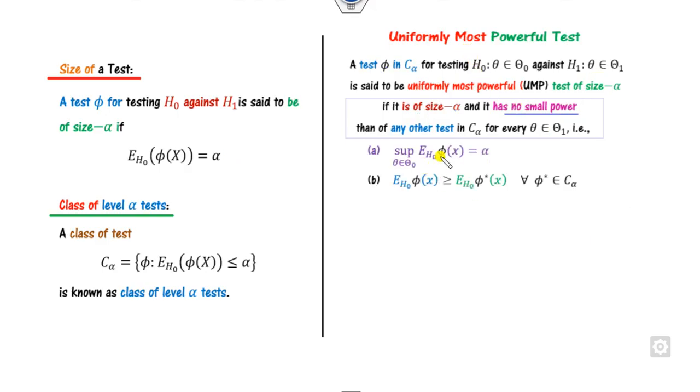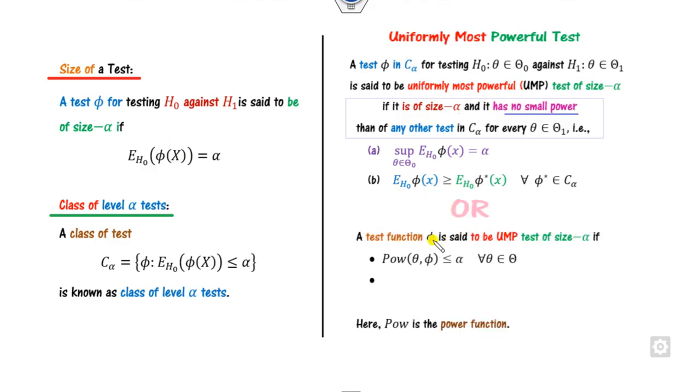Mathematically, you can write that whenever it is of size alpha, that means if you find the supremum over all those test statistics phi, this is called alpha, and that is the power, that is, the expected value of this phi is no smaller than, that means it will be greater than or equal to this. Otherwise, there is one more definition.